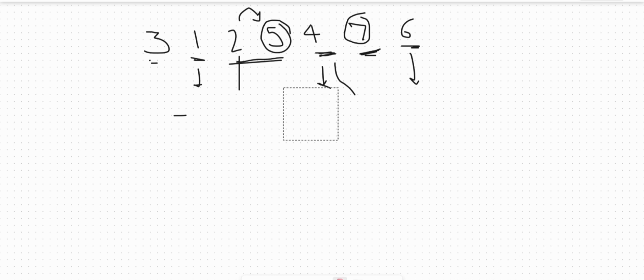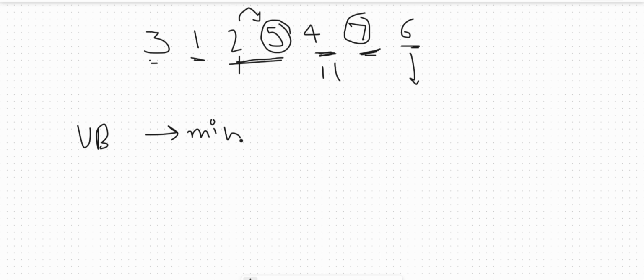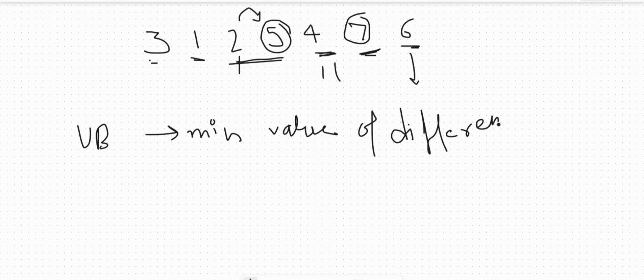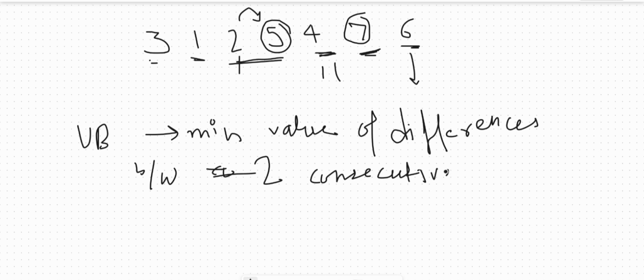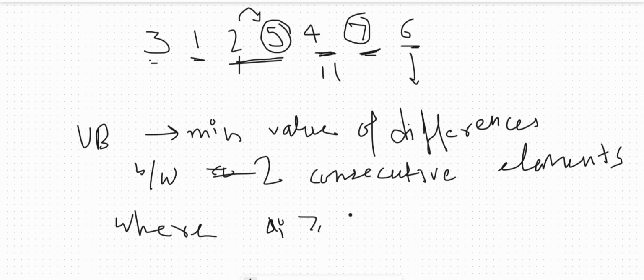I'll make this statement: the upper bound is the minimum value of differences between two consecutive elements where a_i is greater than or equal to a_(i-1).